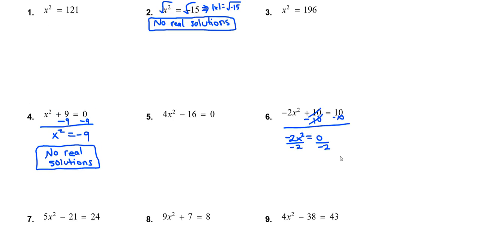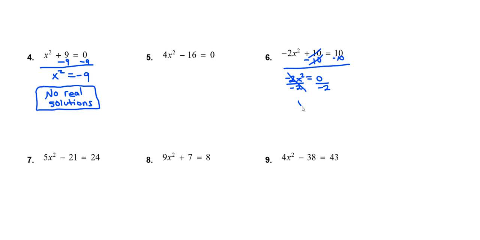Square root both sides. The absolute value of x equals the square root of 0, which is 0. So what can I plug in to get out a 0? Well, the absolute value of any number other than 0 is not going to be 0. So the only thing I can plug in is 0. So x equals 0. That's my only solution. So I'm going to show that with my set notation, that my only solution is 0.